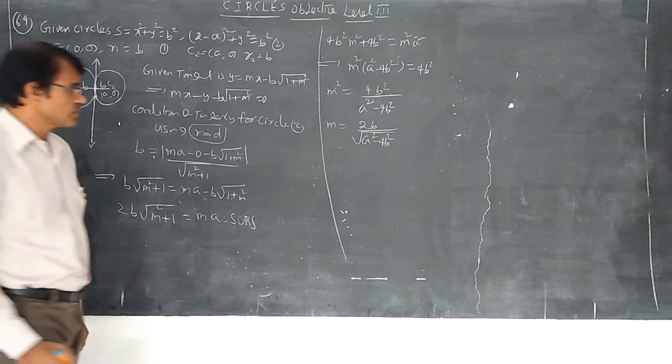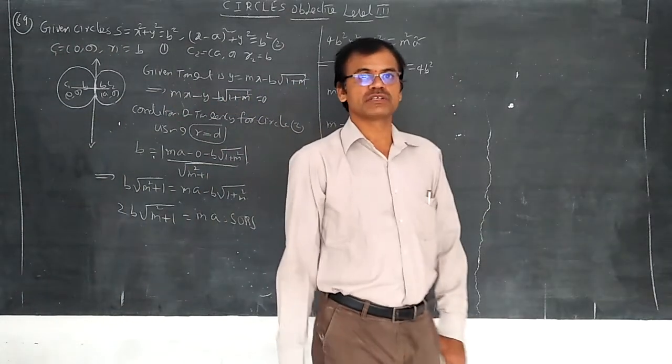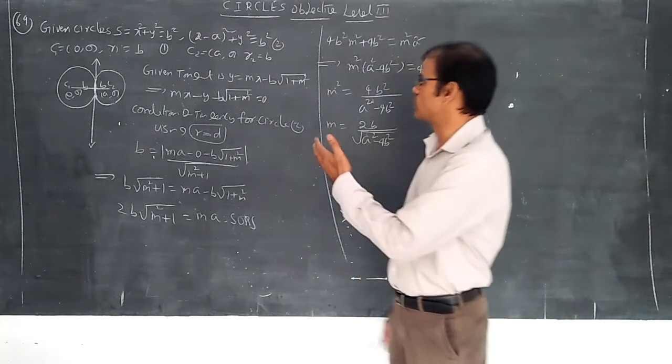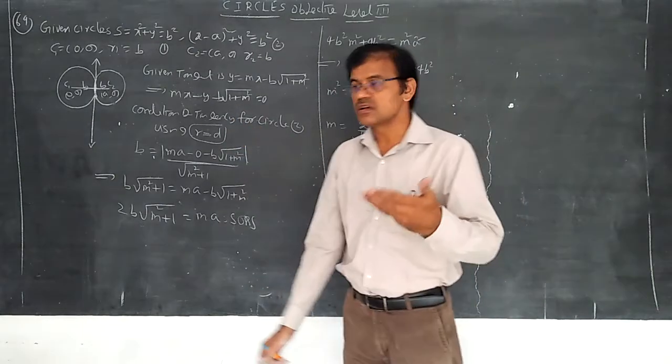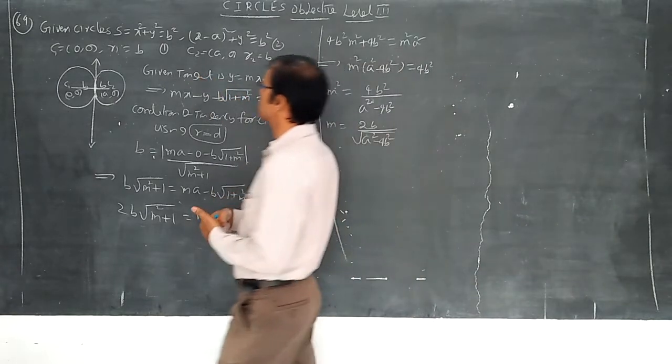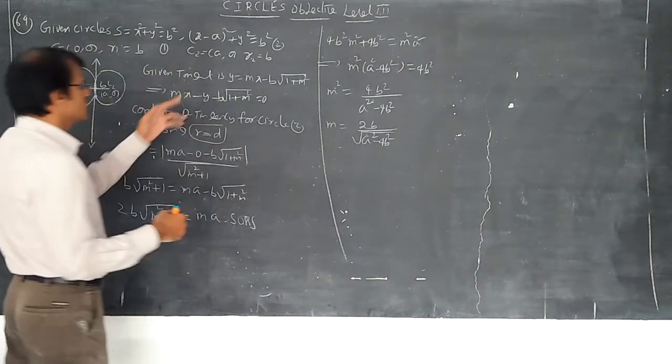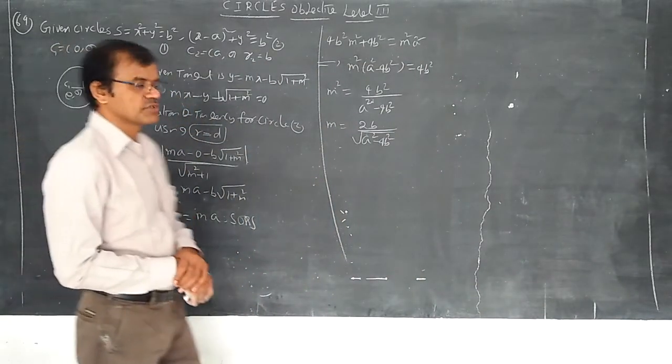It is the first option. One doubt can arise, friends: if you have taken the tangent for the second circle, what if you take the tangent for the first circle, maybe you would get an easier answer?